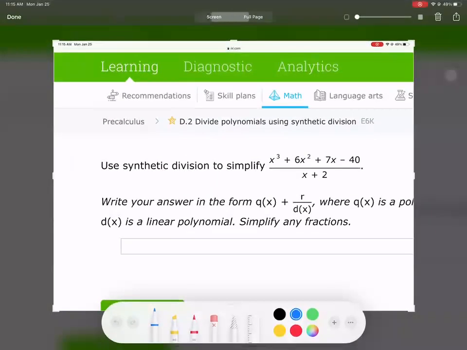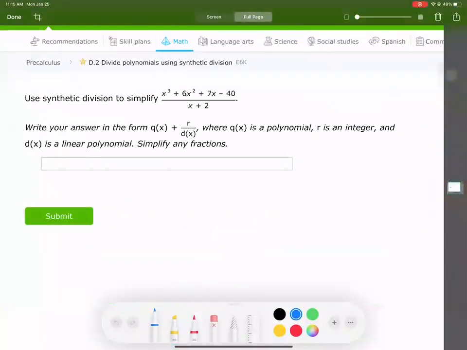So this is the last problem I'll do. I'm going to do synthetic division. Here we go. What are we dividing by? That goes on top. And we're dividing by x plus 2. On top, we're just going to write the numbers 1, 6, 7, and negative 40. Again, these are placeholders for x cubed, x squared, x, and the constant.